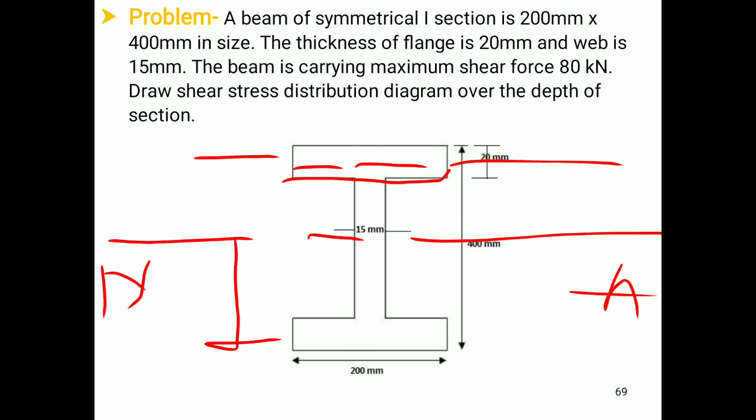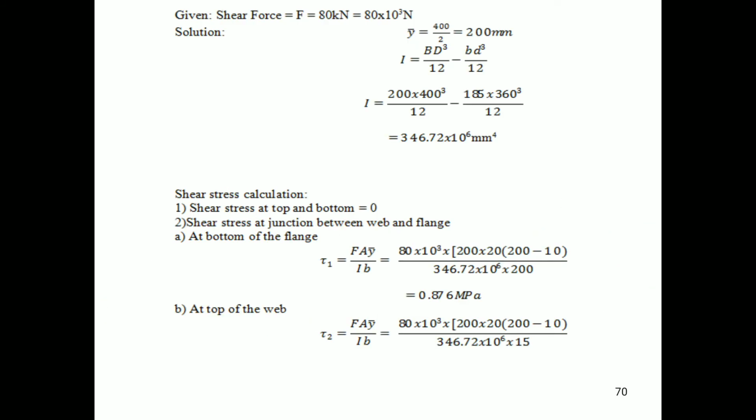Therefore, y bar is the distance between the neutral axis and the centroid of the area on which we are concentrating. This distance from the figure you can easily find: 200 minus 10 gives the value of y bar. I is 346.72 into 10 raised to 6.